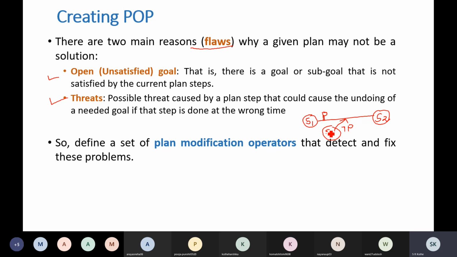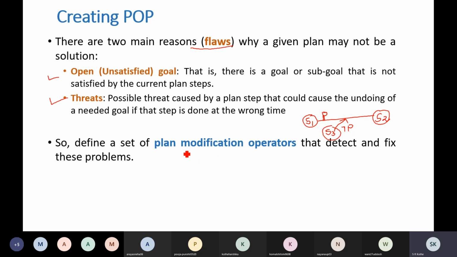S3 has been introduced at the wrong time, and that is undoing the needed goal, the needed precondition P which was true, that is now false, so S2 cannot be executed.